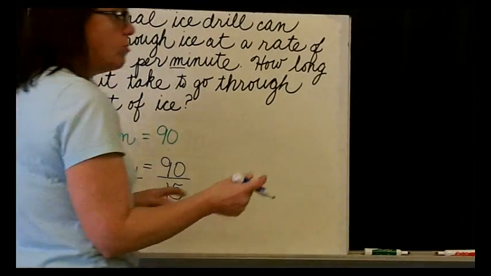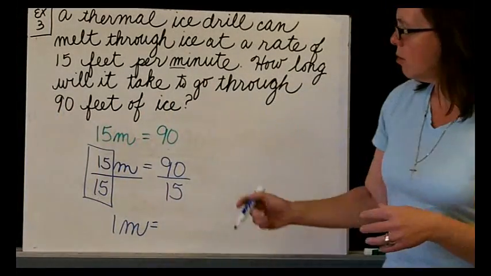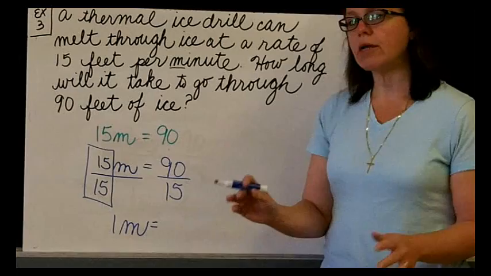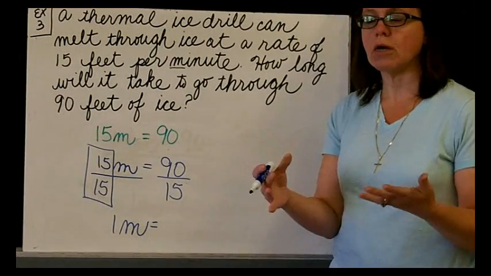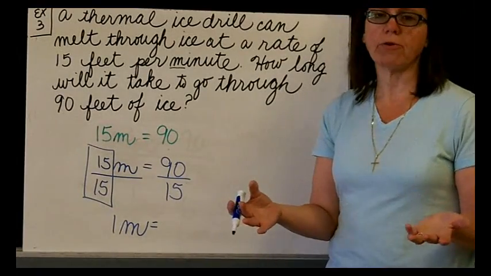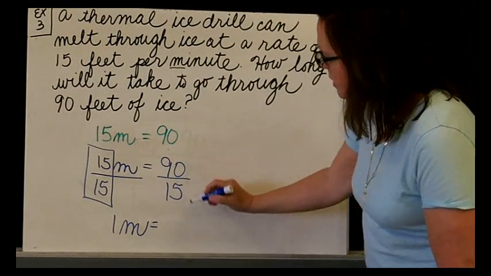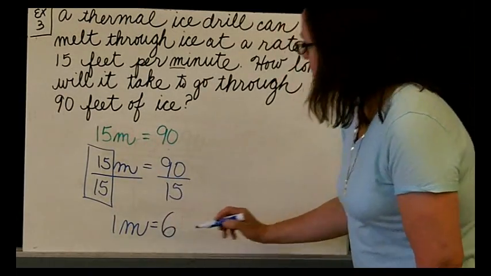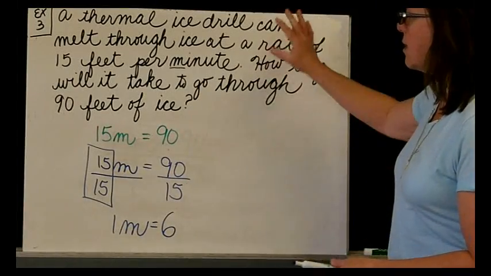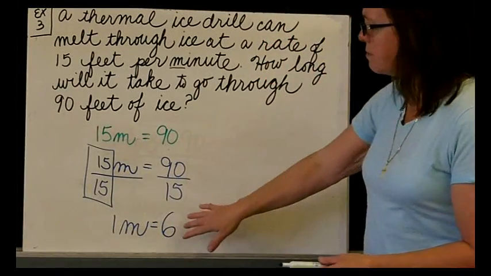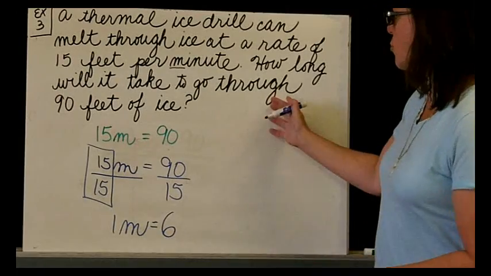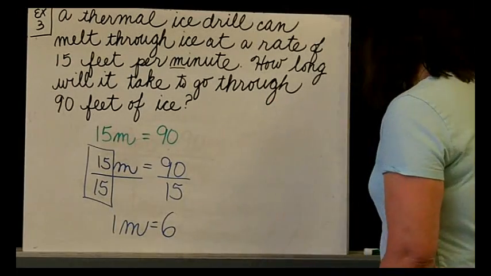And I know that some of you would rather just call it m. Whether you have the one there or not is actually just a function of your comfort level. For me, both are the same. They're acceptable. And 90 divided by 15 is 6. So it would take this thermal drill 6 minutes to melt through 90 feet of ice.